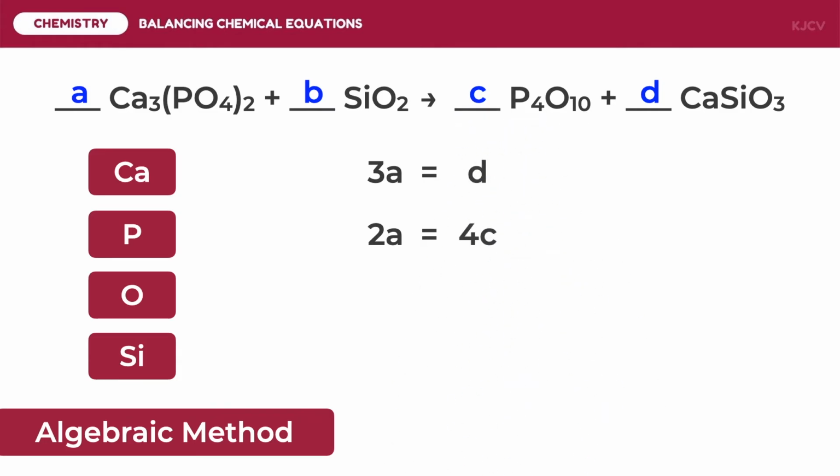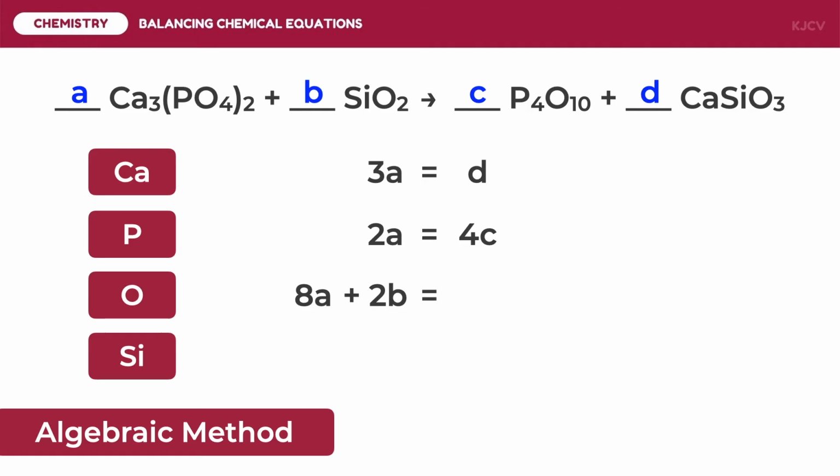For oxygen, in the reactant side, it is present in 2 substances. For the first substance, which is calcium phosphate, 2 will be multiplied to 4 and then to A. Thus, we have 8A. It will be added to the product of 2 and B from silicon dioxide. Thus, for the reactant side, we have 8A plus 2B.